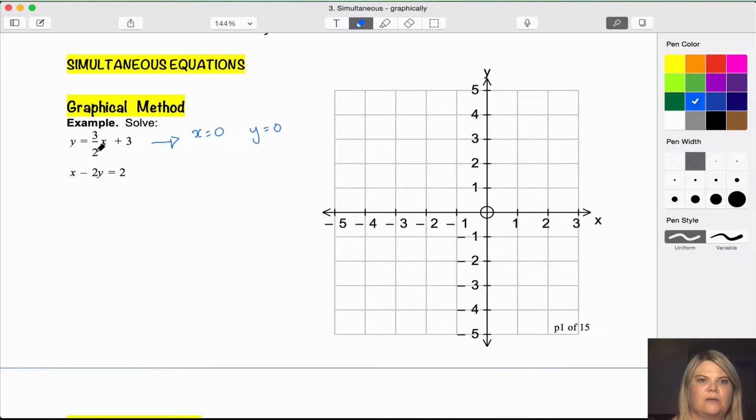So we need to make x equals 0 first. y equals 3 on 2 times 0, so that's going to be 0 plus 3, y equals 3.